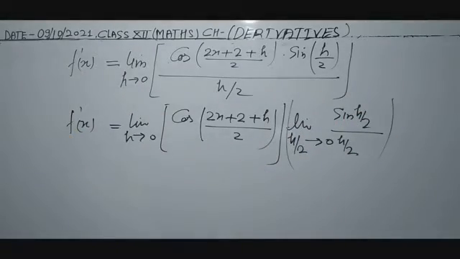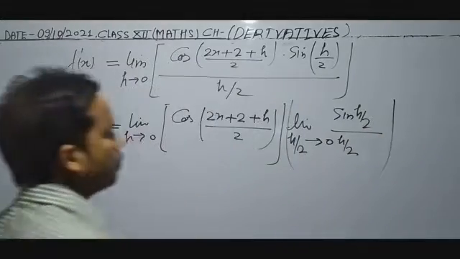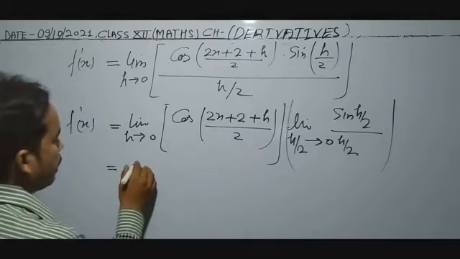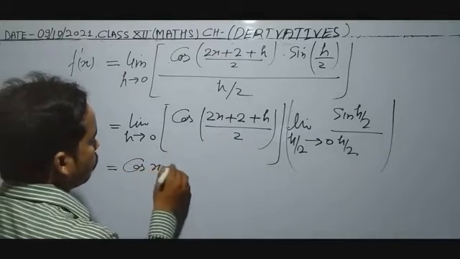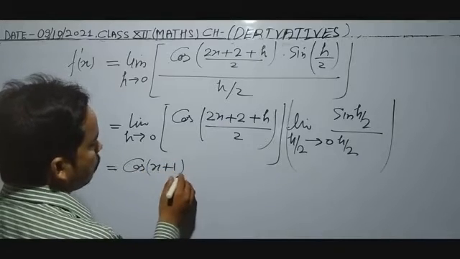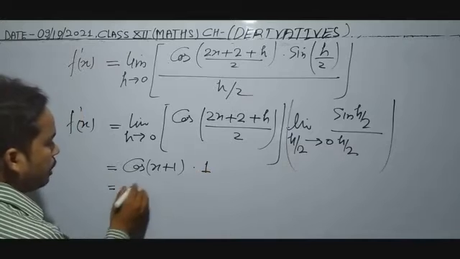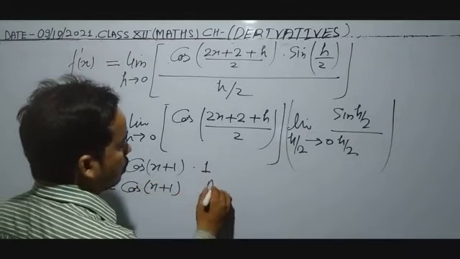Now after putting the limit, 2x plus 2 by 2, the result will be cos of x plus 1, into which the result will be 1. Now the answer is cos of x plus 1.